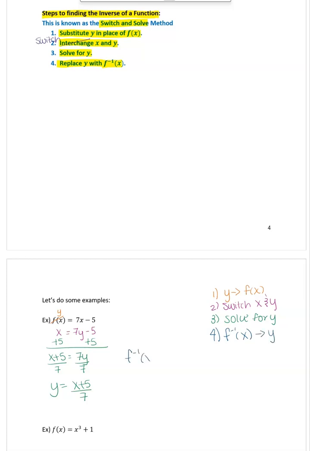So it's going to be f inverse of x equals x plus 5 over 7. And you're done, okay? The only way you wouldn't be done is if we had a variable in the denominator and you had to tell me what the exclusion was. Alright? Okay. Let's do another one.